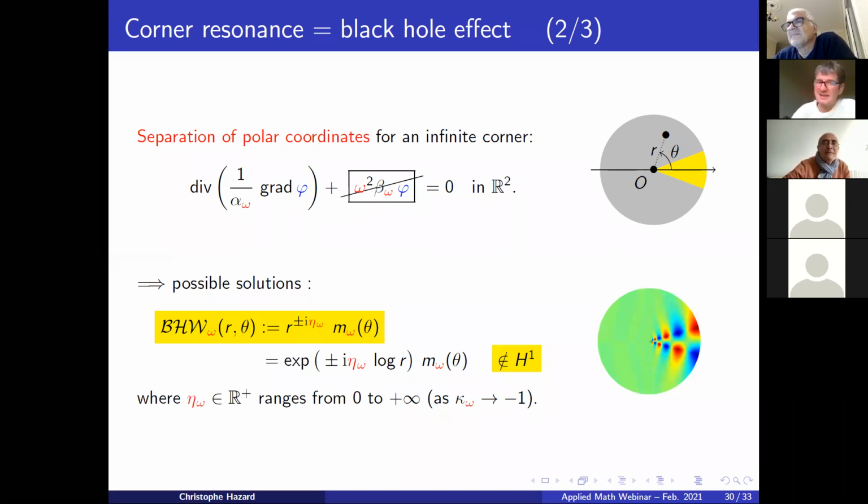Yes, exactly. But the advantage of 2D is that you have an ordinary differential equation and you can solve it. You have an explicit solution. In 3D, you do not have the explicit solution. It's technical, it's very nice, really.